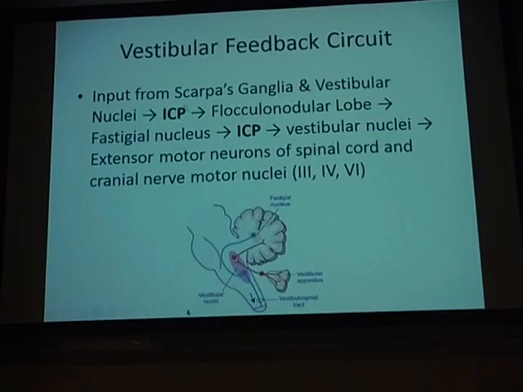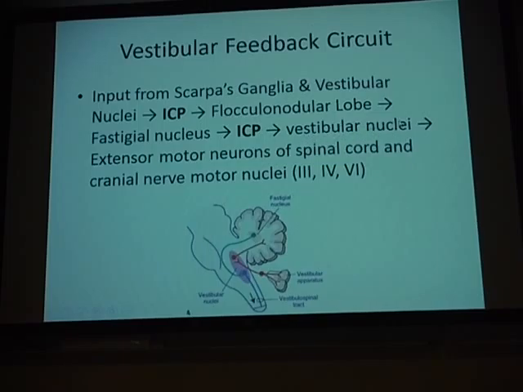That information is going to travel through the ICP to the flocculonodular lobe, that long, thin lobe that's stretched across the whole cerebellum on its anterior surface. From there, deep to the nodulus is going to be the fastigial nucleus. From the fastigial nucleus, this information goes back out through the ICP, back to the vestibular nuclei, not to Scarpa's ganglion.